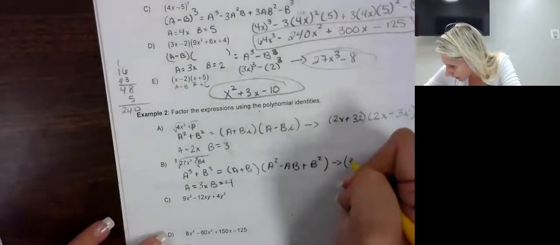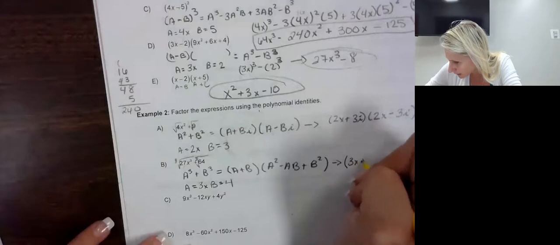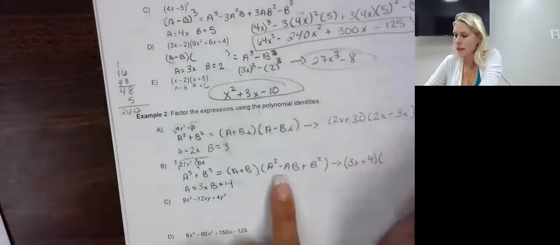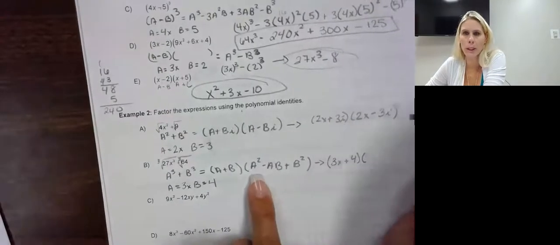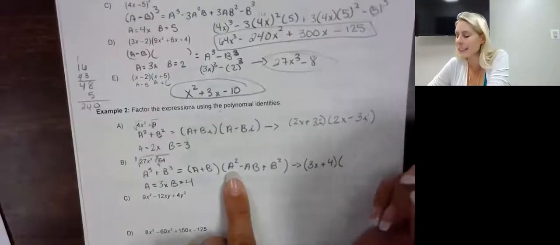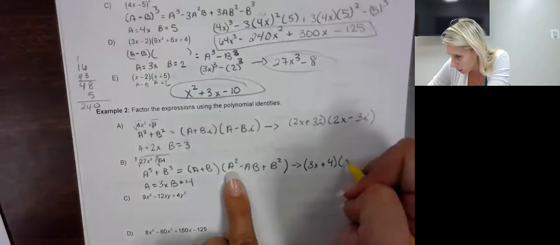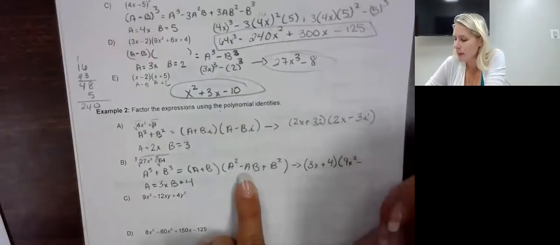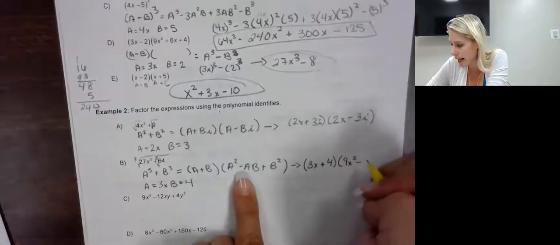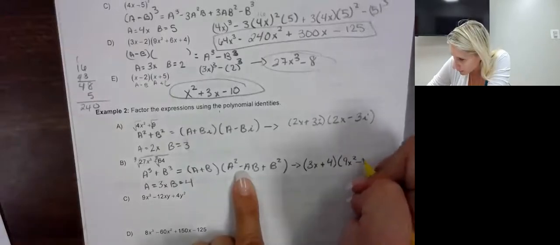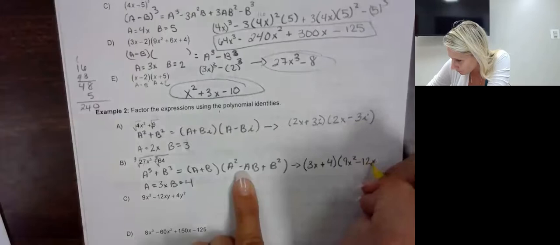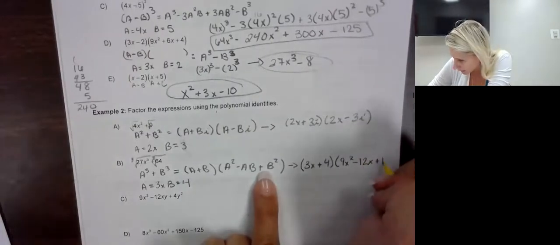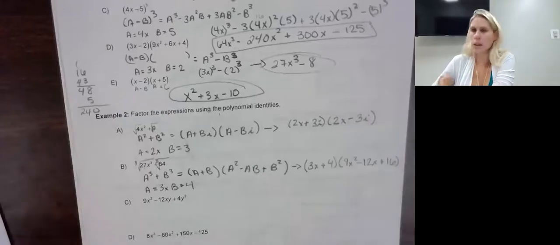So A plus B, and then times, and do you guys mind? I'm going to do some multiplication right away here. This is A squared. So 3x squared is 9x squared, minus A times B, like 3x times 4 is 12x, plus B squared. Well, 4 squared is 16. We're done.